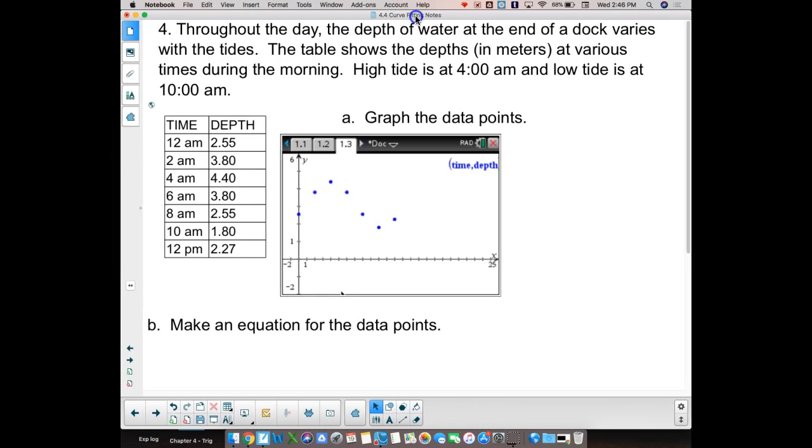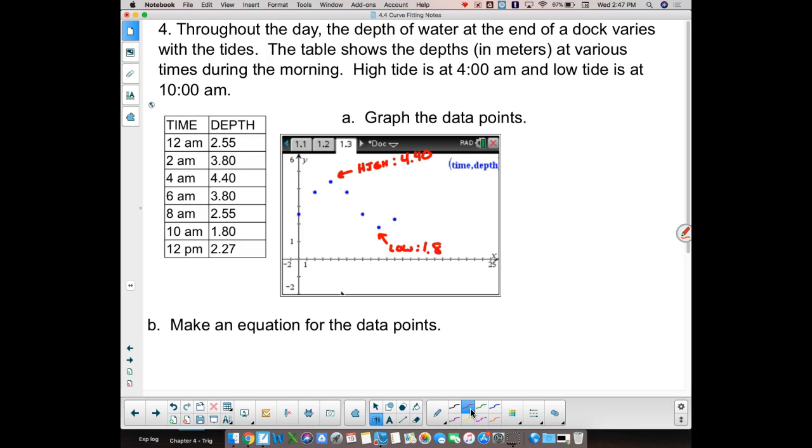So, my question to you is this. Where is my high point? 4.4, right? Okay, so this is my high at 4.4. Where is my low? 1.8. This is my low at 1.8.